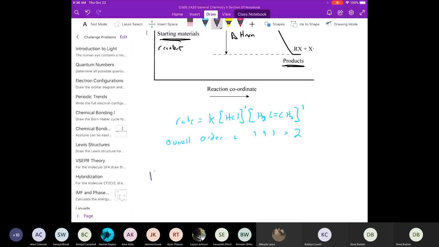Based on the way we calculated these two values.